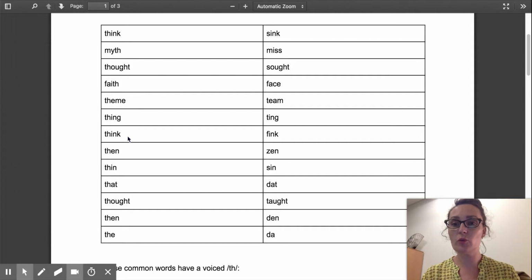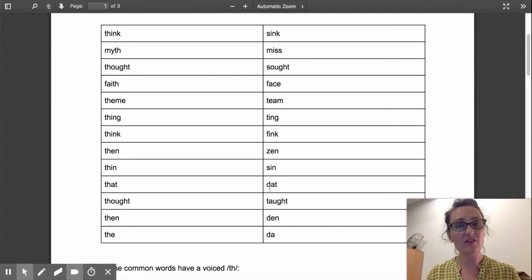Also, like the word then, again, maybe in a lot of languages, the closest sound is another voiced sound, z, zen. Thin and sin, voiceless and voiceless. That and dat, again, voiced and voiced.